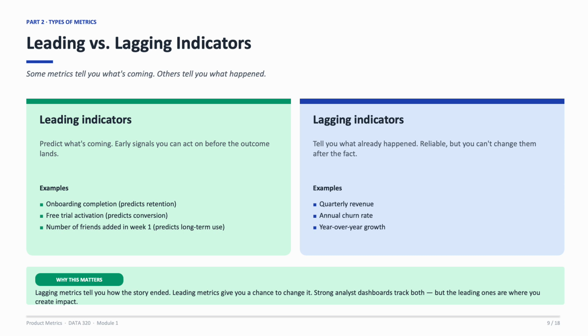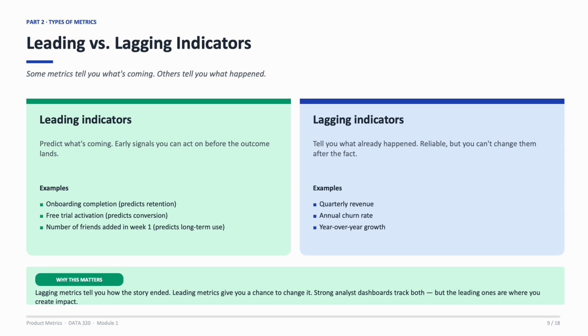The second type is the lagging indicator. These are the outcome itself. Quarterly revenue, annual churn, year-over-year growth: they're reliable, and they're useless for changing the outcome, because by the time they move, the decisions that drove them were made months ago.